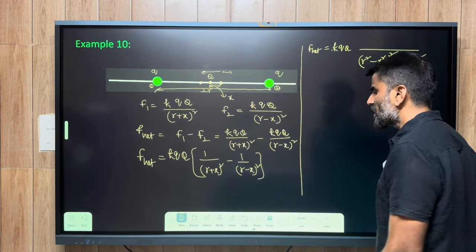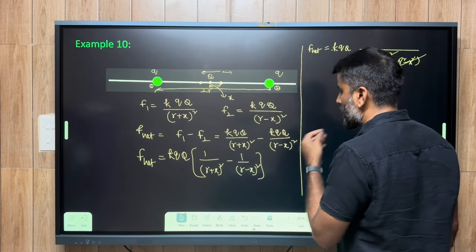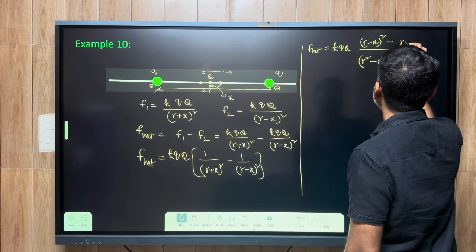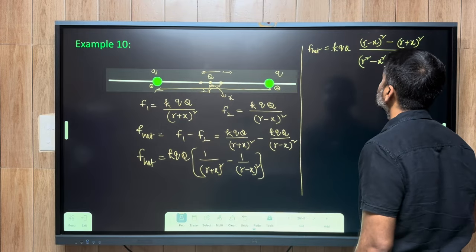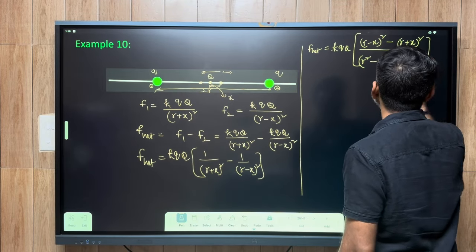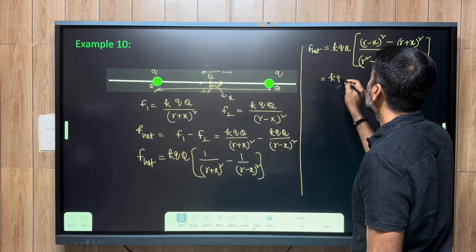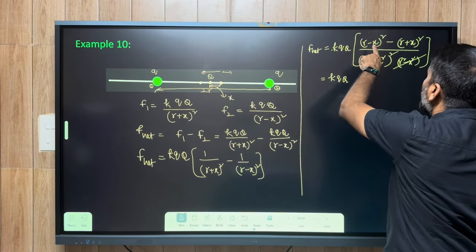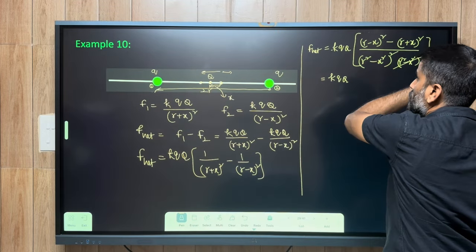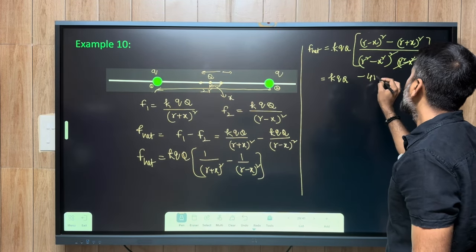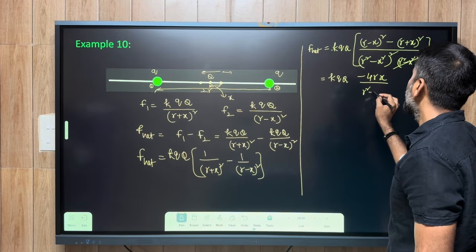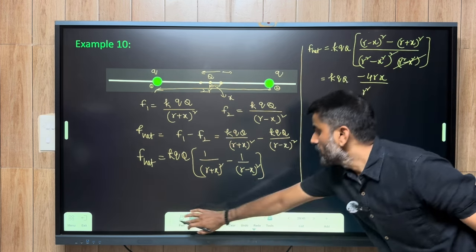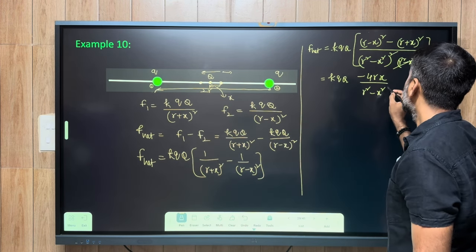Now if I find the LCM, r minus x whole square minus r plus x whole square, whole into K q Q. If I simplify this, r square plus x square minus r square plus x square will get cancelled, leaving minus 2rx minus 2rx, that means minus 4rx by r square minus x square whole square.